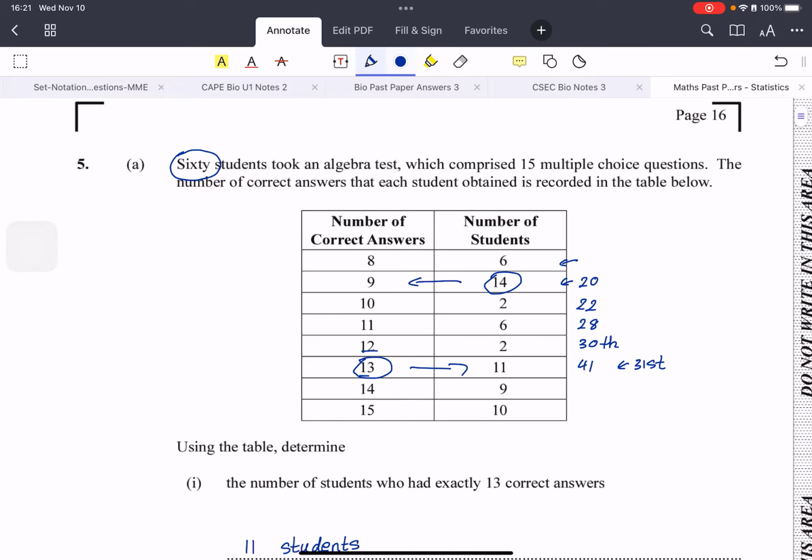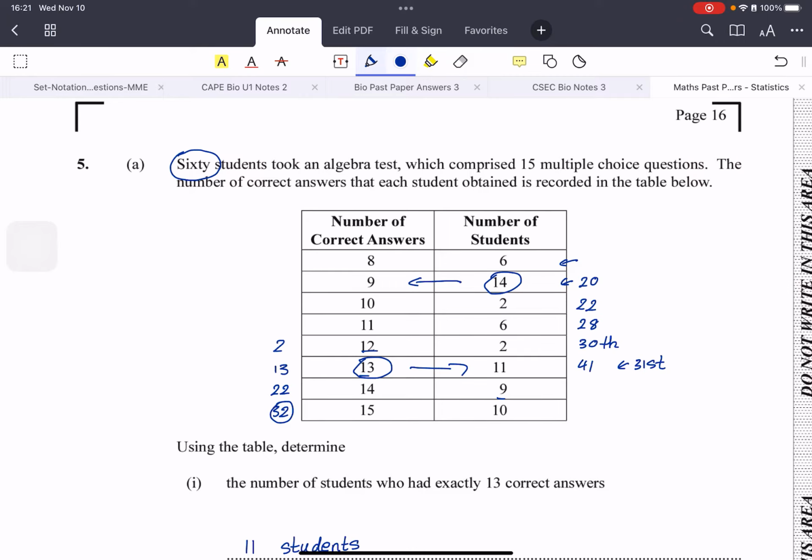That's 2 so far. And I'm going to write 2 here. 11 people got 13. So far that is 13 students. Another 9 students got 14. So that's 22 in total. And then 10 students got 15. So that's 32 students in total got 12 or more.